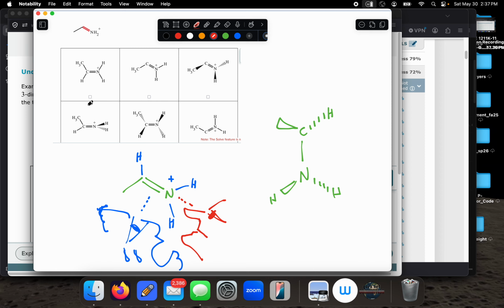Let's go up here and see if we can see anything that looks like this. So if you look at it straight on, oh, it already looks like that. Oh, the underside of it, if I flip it over. If I take this and flip it over on the other side, it'll look just like this. Right, with the hydrogens on it, of course, right?